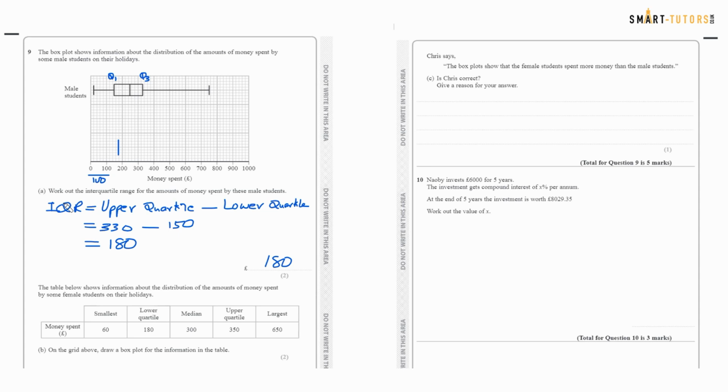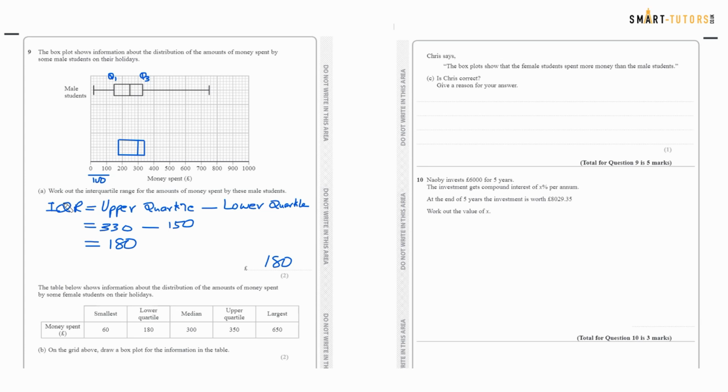It's not accurate actually, my sketch, so it has to be 2.5 boxes. And the median is 300, and the largest one is 650, again 2.5. So as long as we go in between, and the smallest is 60.